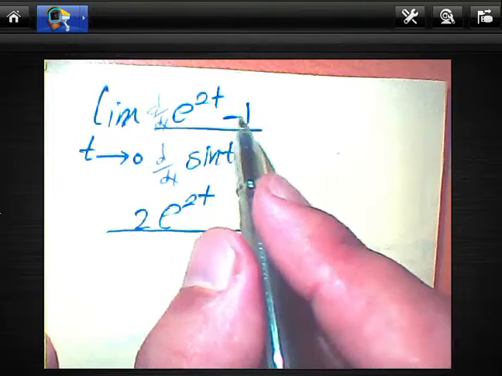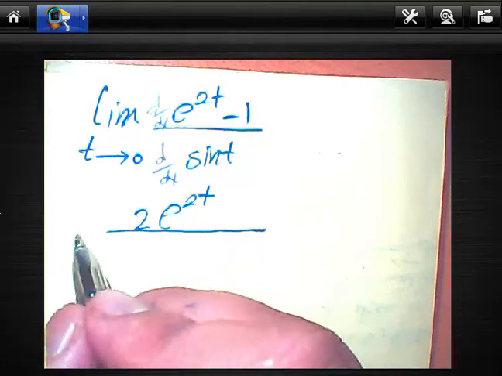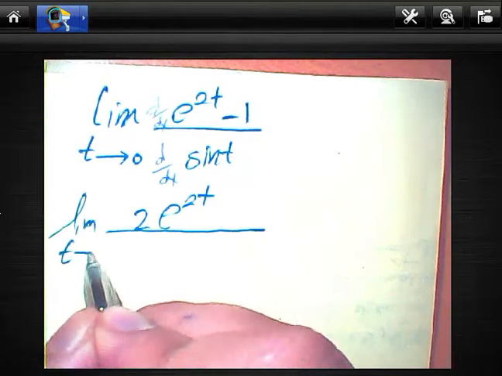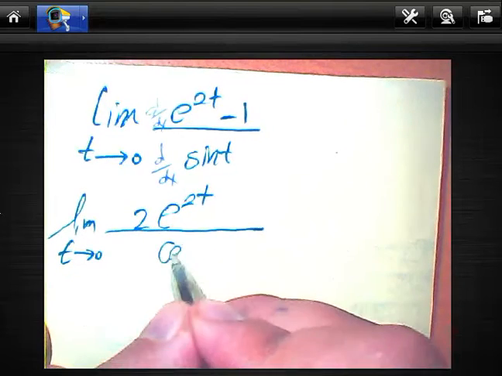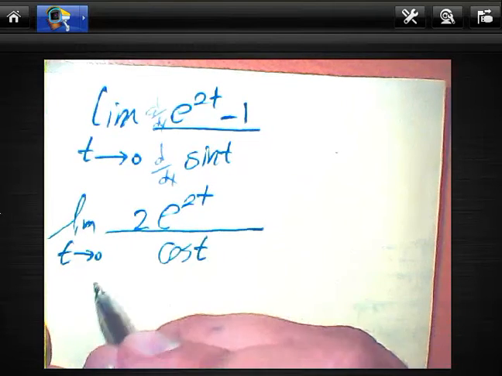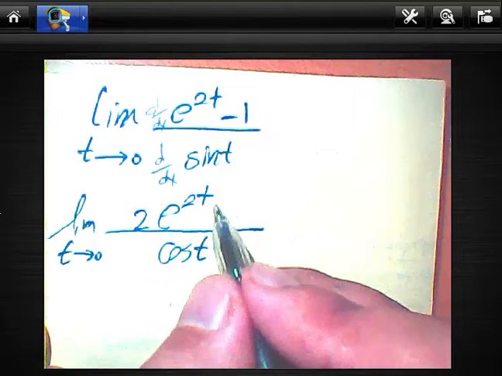And the derivative of negative 1 equals 0. It's the limit when t approaches 0, and the derivative of sine will be cosine. And then we can put 0 in place of t.